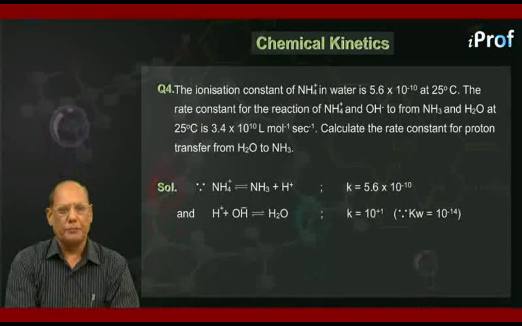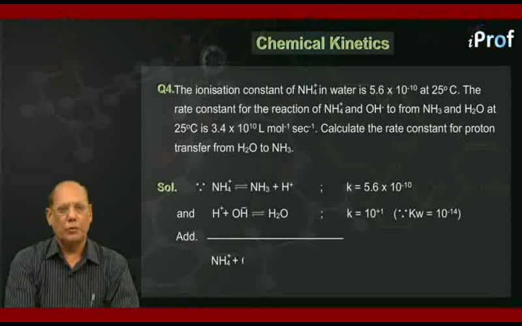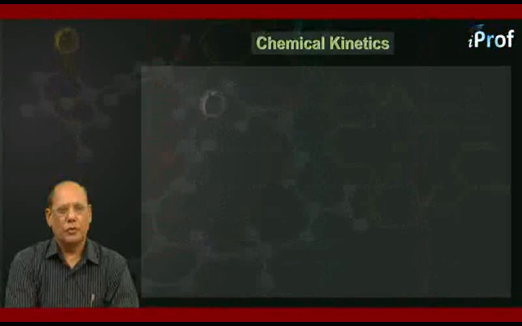Adding these two reactions, we get NH4+ plus OH- with the rate constants K1 and K2 giving NH3 plus H2O, such that K total becomes 5.6 into 10 to the power 4.